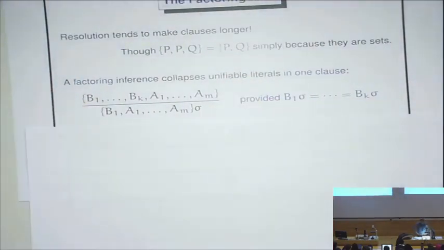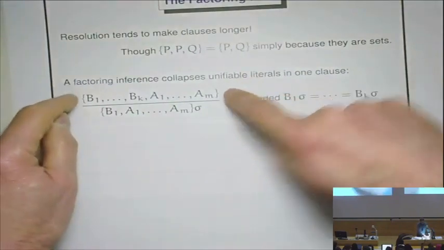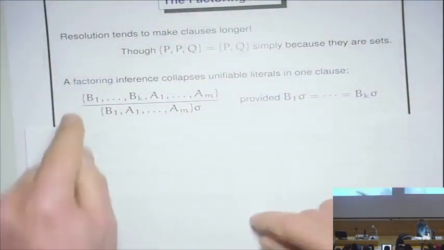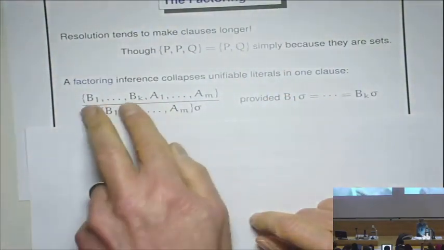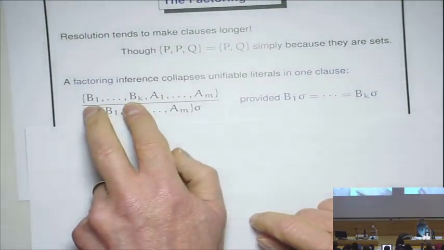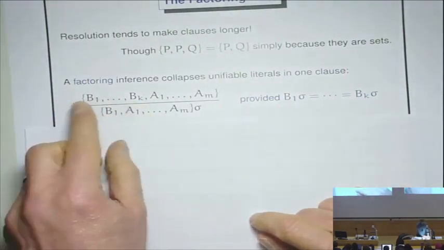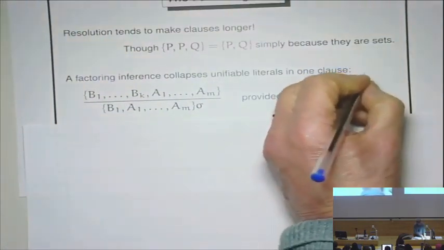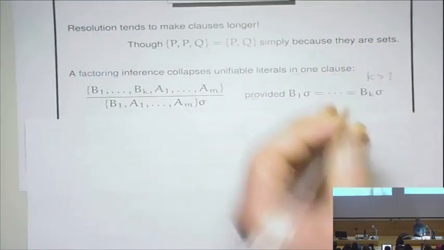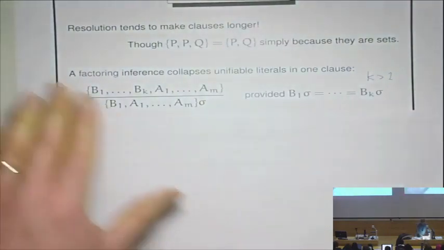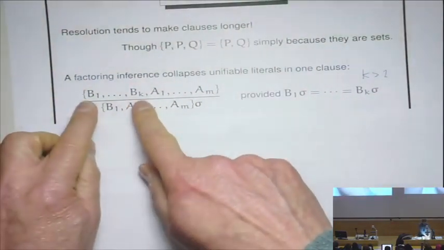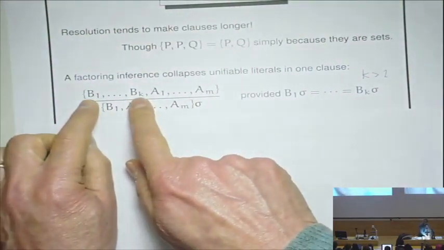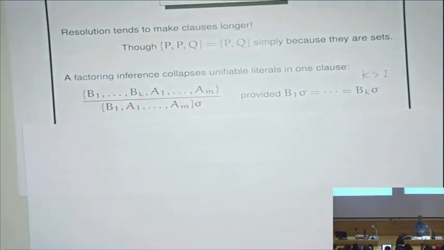What this says is, if you've got a clause, and you find some literals, more than one, some b1 up to bk, and why did I never write clearly k greater than 1 here? Otherwise, there's nothing to do. And if you can make them all the same by unifying them, then you can collapse them down.